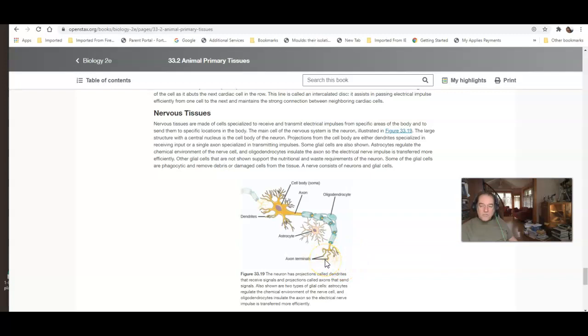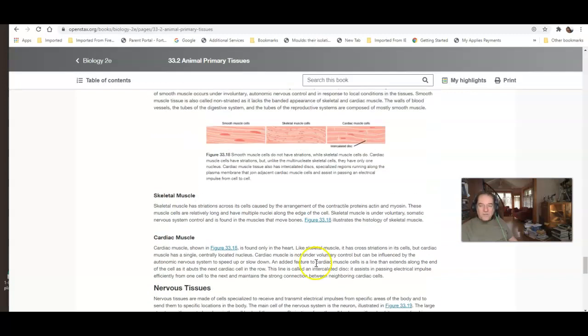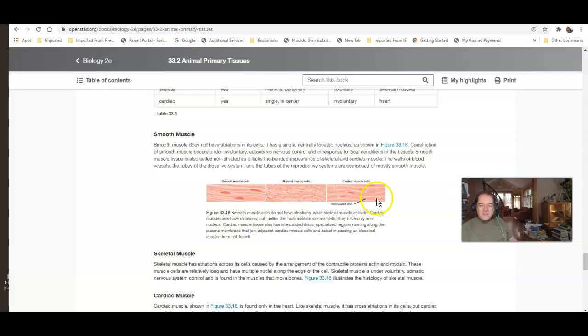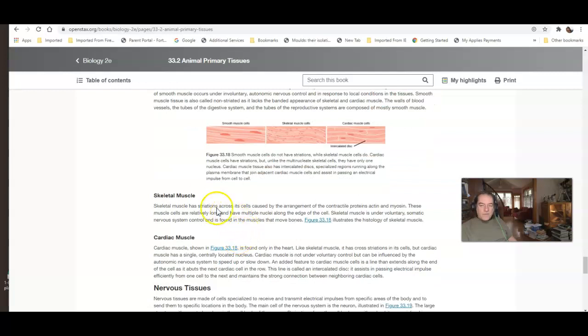And that other cell can be another neuron, or, as we very well know, that other cell can be a muscle cell. And so that nervous cell can stimulate this muscle cell to contract by an electrochemical stimulus. And what's going on inside muscle tissue, all of it, we'll talk about the differences here in a minute, is that they all have these contractile proteins. And classically, that's going to be actin and myosin.